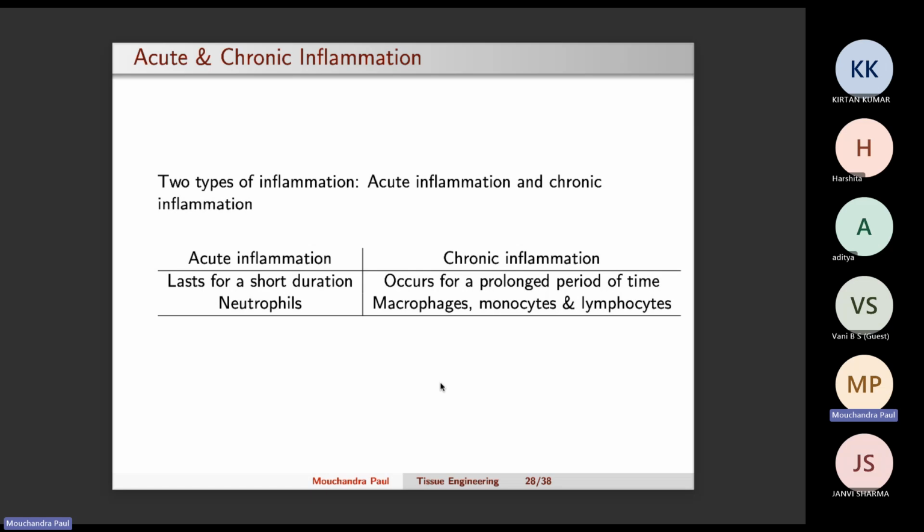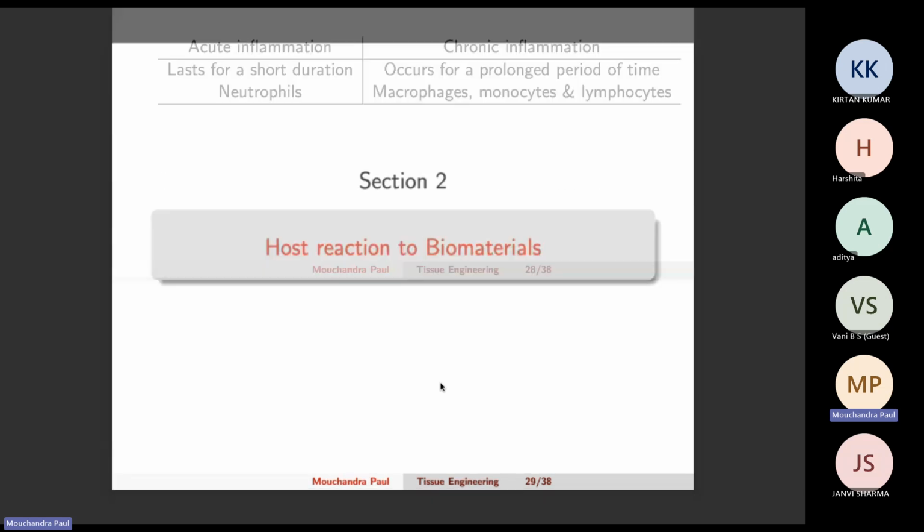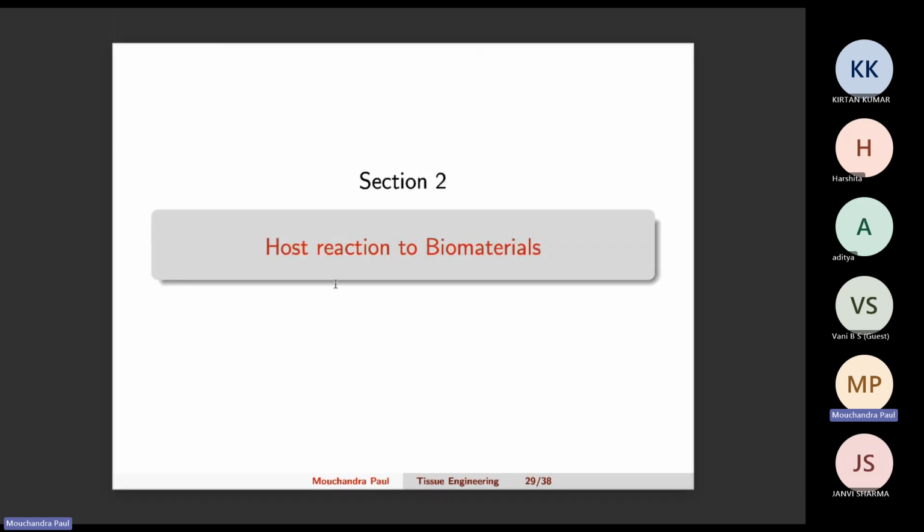So that's it for today's class. In the next class, I will start the second topic related to this, where we will discuss how these particular components, like the macrophages, and how the inflammation proceeds, or how the immune system, innate immunity, etc., work when there is a foreign body.